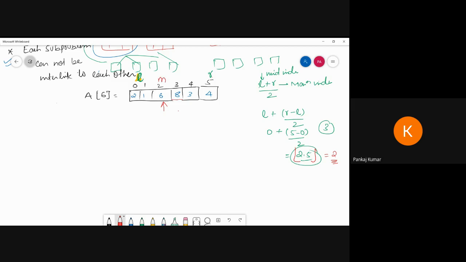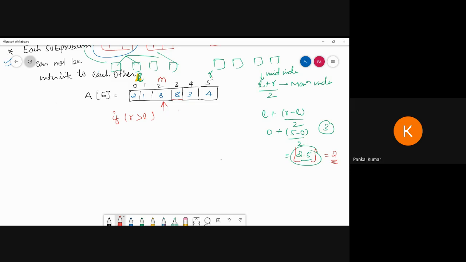After that, we check if R is greater than L, that means the maximum index is greater than the minimum index. Don't be confused, R is the maximum index value.